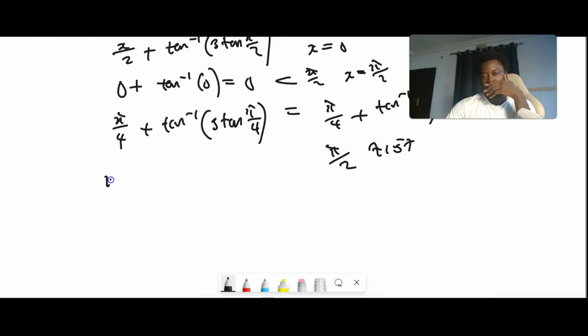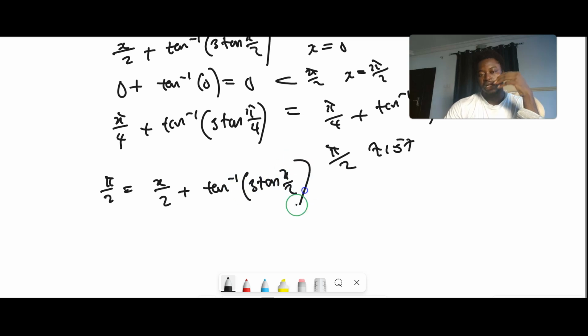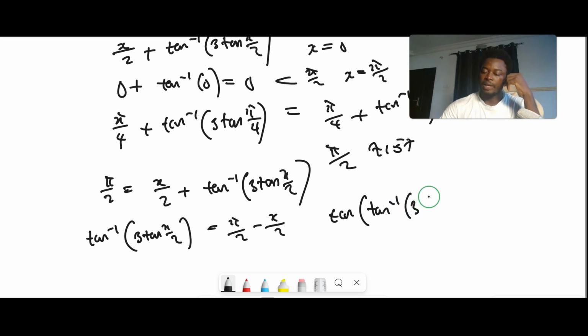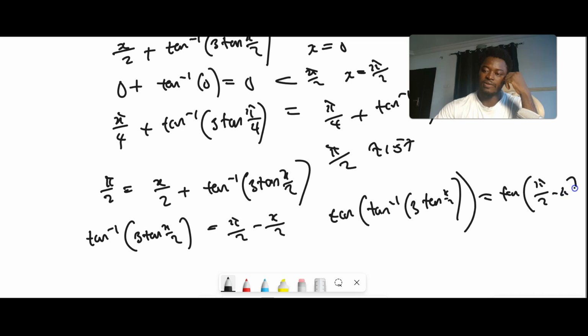So let's set pi over 2 to equal x over 2 plus tan inverse of 3 tan of x over 2. Now we're going to solve for x here. So this means that tan inverse of 3 tan of x over 2 would be equal to pi over 2 minus x over 2, or 3 tan of x over 2 is equal to tan of pi over 2 minus x over 2.